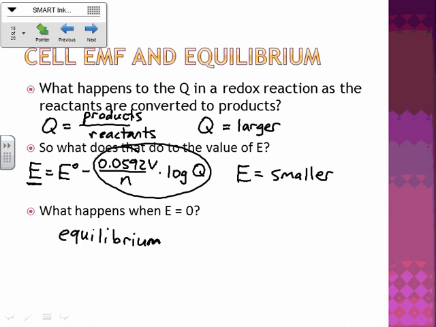Okay? Now that's a useful piece of information because now we can manipulate the Nernst equation, or rewrite it a little bit, okay? Because now this is going to be 0, right? And this log of Q becomes log of K at equilibrium.